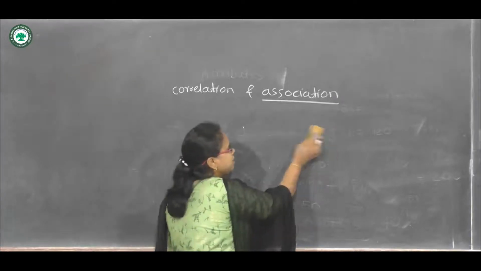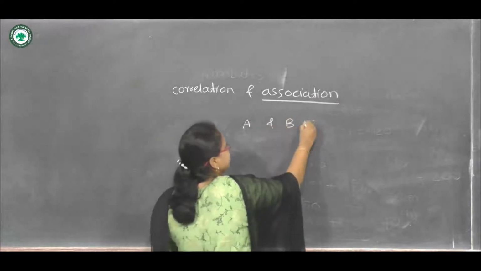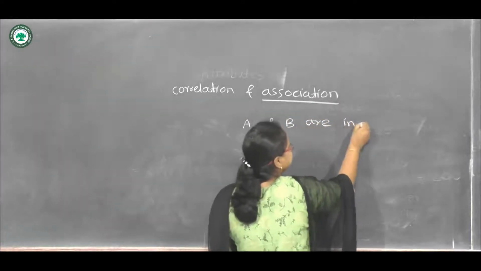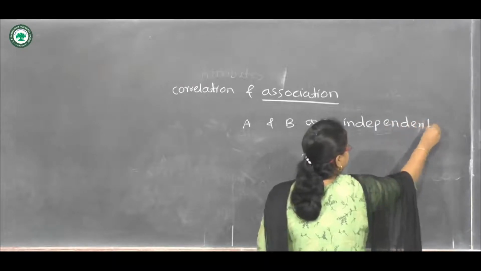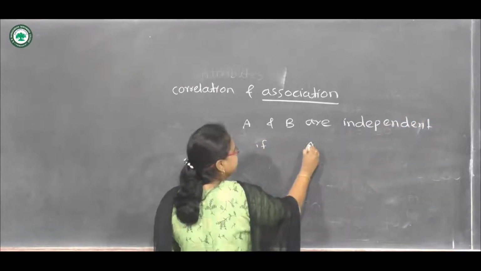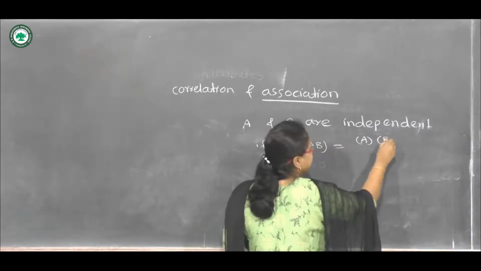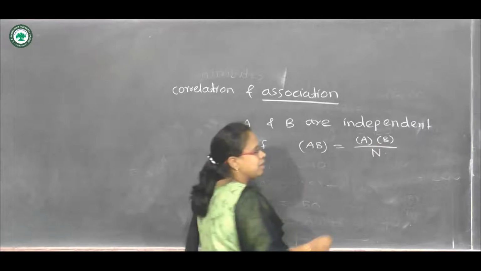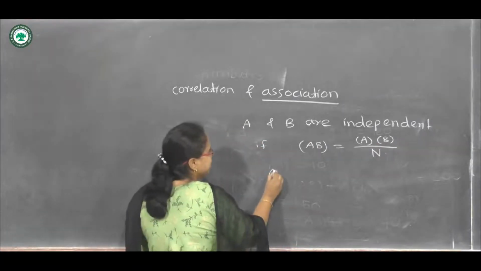So we know that the attributes A and B are independent if this condition holds: (AB) equals (A)(B) upon N. So let us see the association between them.